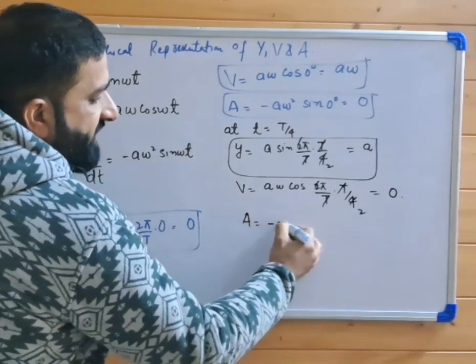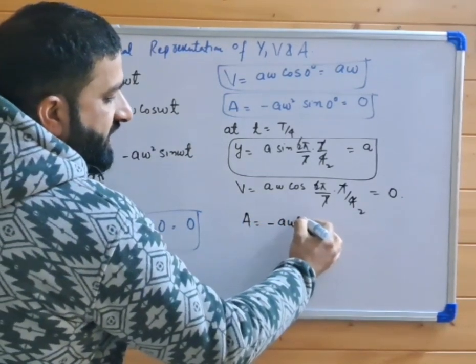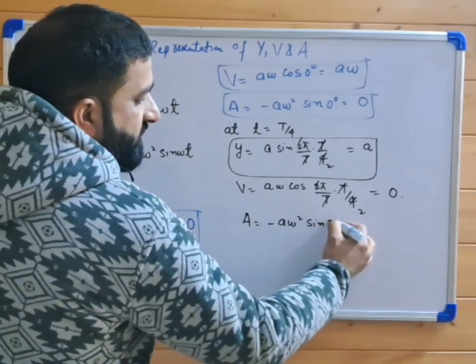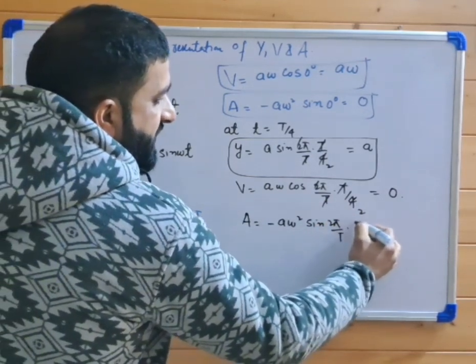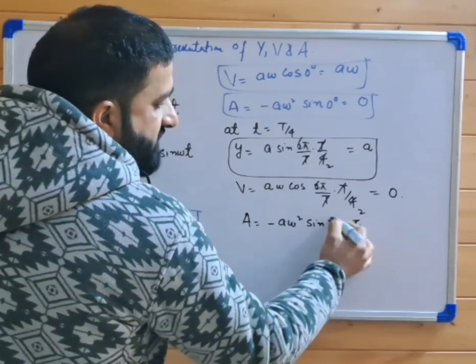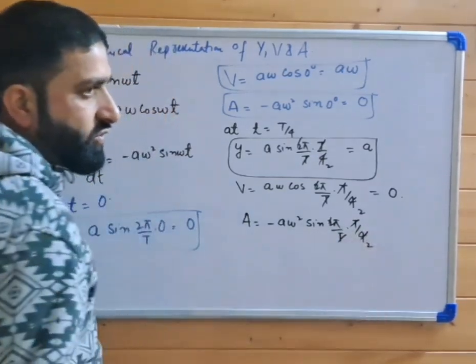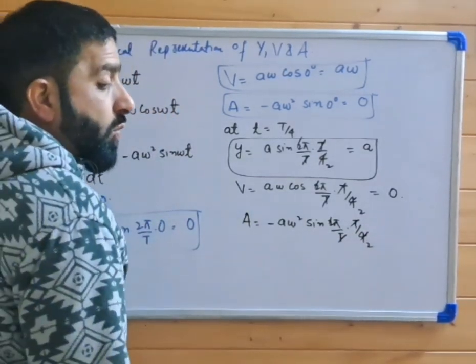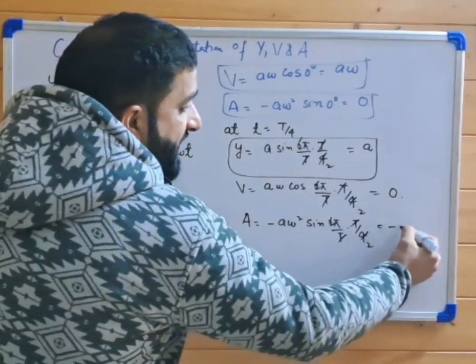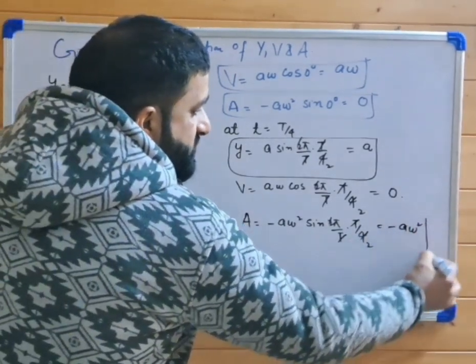Acceleration is equal to minus a omega square sine of 2 pi by T into T by 4, that is sine of pi by 2, which is equal to 1, sine 90 is equal to 1, so acceleration equals minus a omega square.